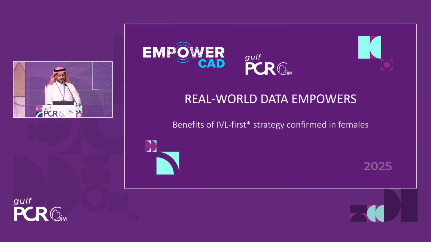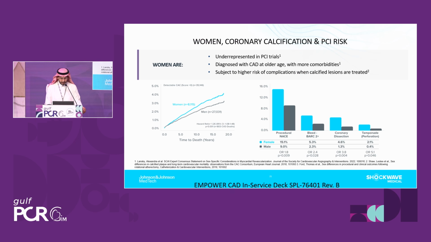Last but not least, talking about the benefit of the IVL as a first strategy confirmed in females. It's a bit interesting to segregate it this way, but look at this. Women, coronary calcification and PCI risk. They are underrepresented in the PCI trials.